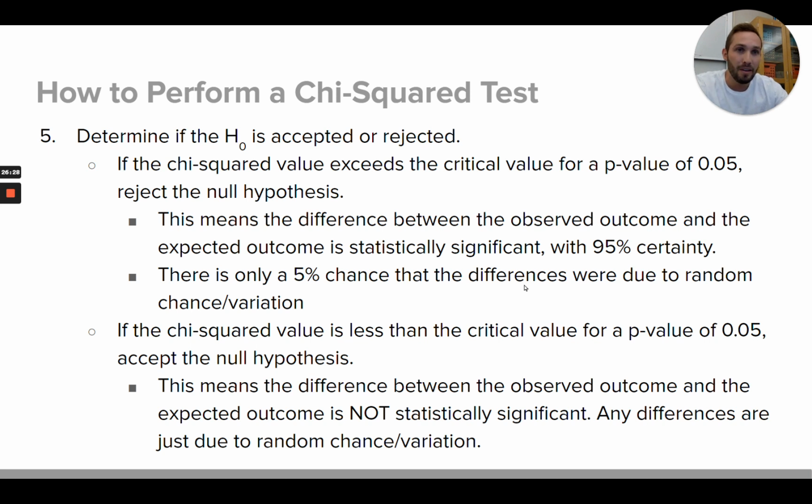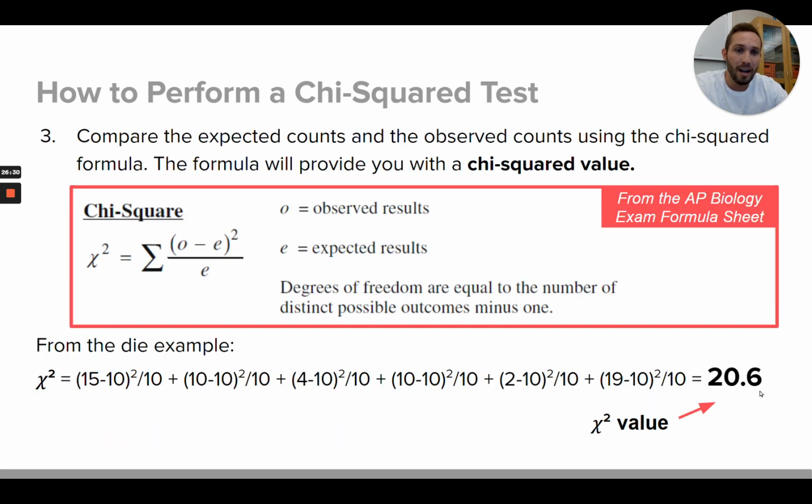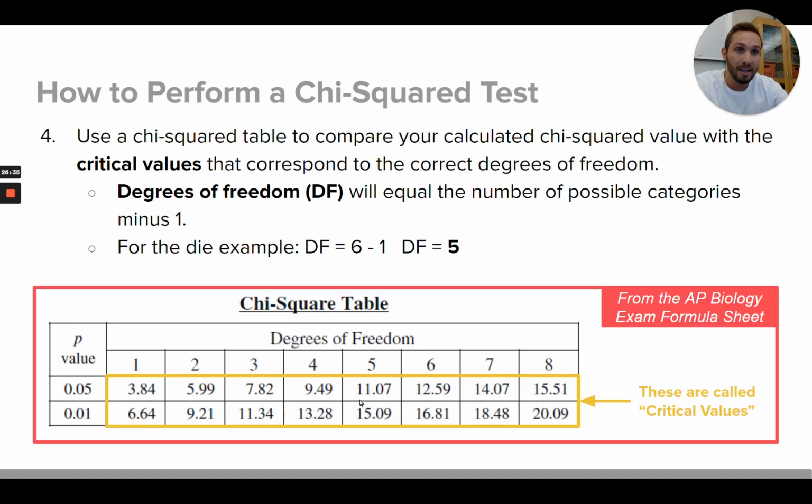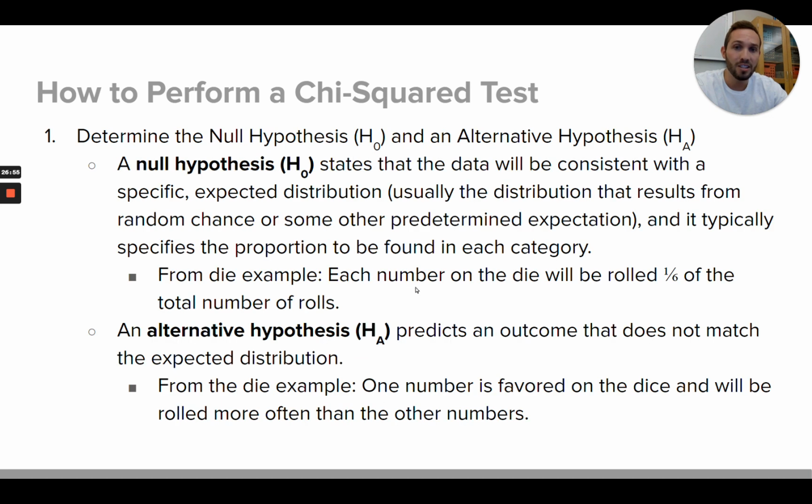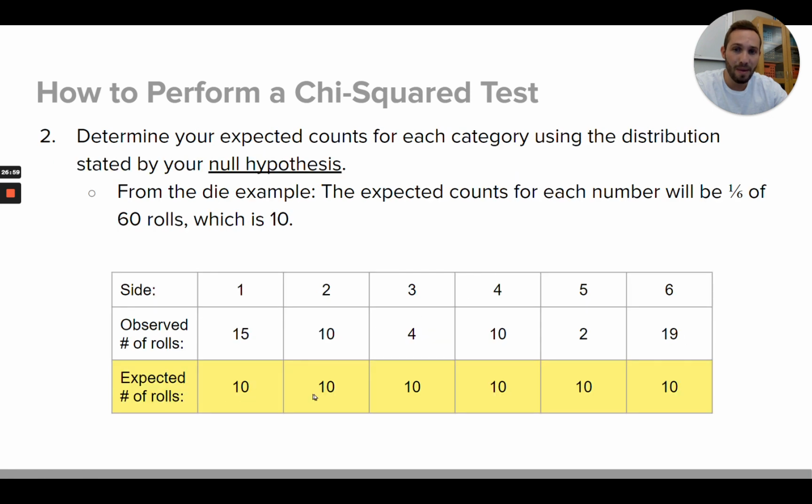To illustrate that, our chi-squared value was 20.6, which exceeds the critical value of 11.07. Therefore, because the chi-squared value is larger than the critical value, we're going to reject the null hypothesis. Remember, our null hypothesis was that each number should be rolled 1/6 of the time, which gave us these expected numbers.